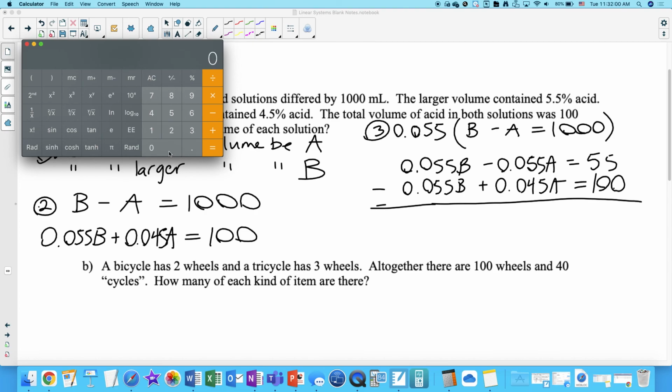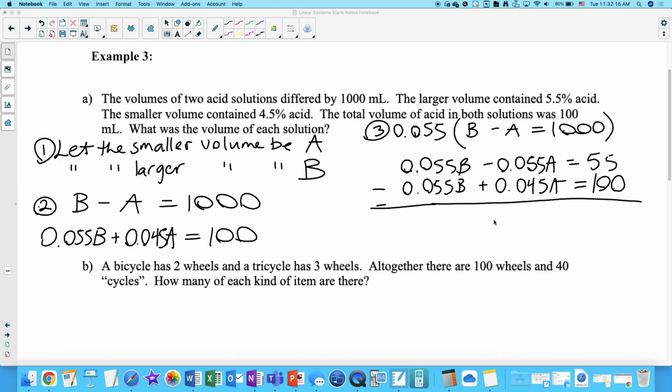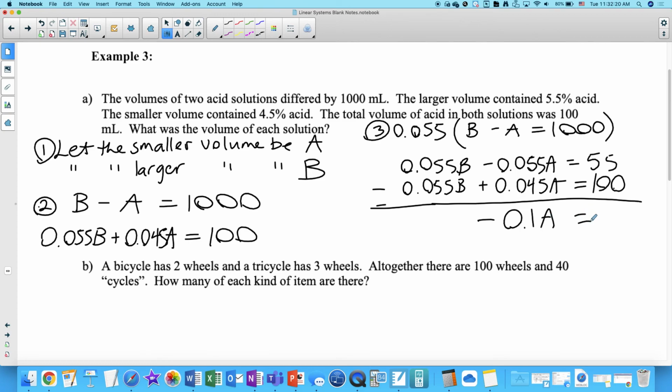So that's negative 0.055 minus 0.045 equals negative 0.1. And on the other side, 55 minus 100 is negative 45. So when I divide by negative 0.1, I should get that A is equal to 450, and that's in milliliters.